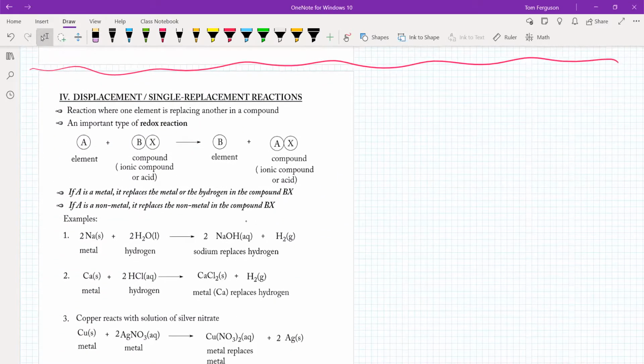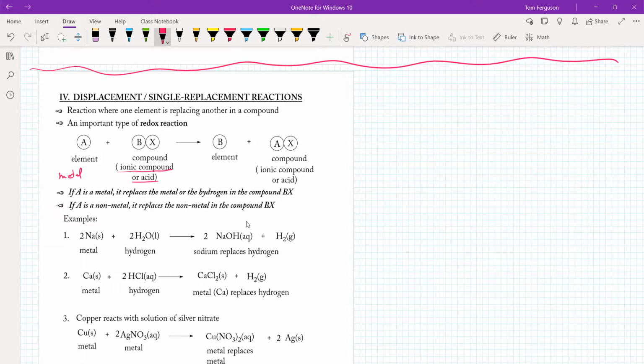What if we start with something like a metal with an ionic compound? And acids are ionic. What will happen is we will end up transferring electrons from one to the other.